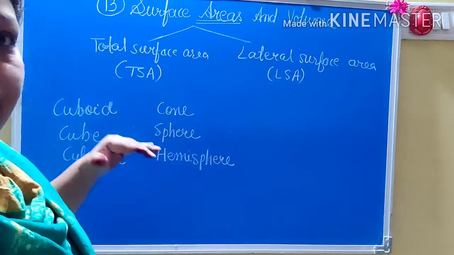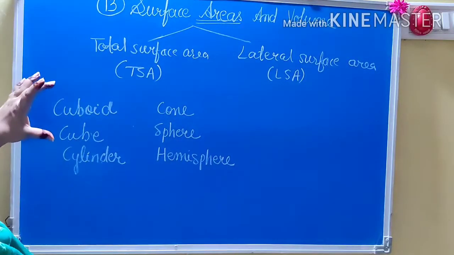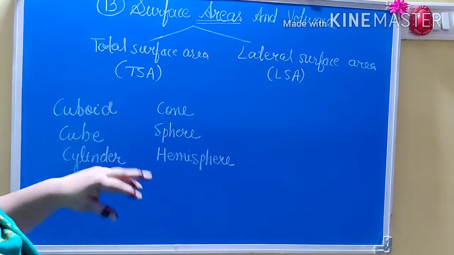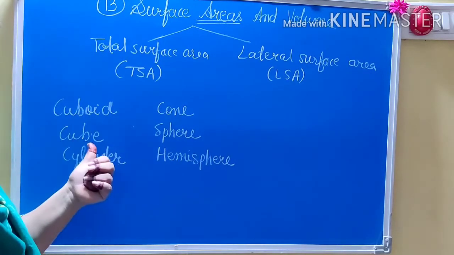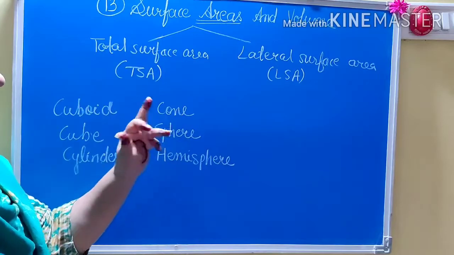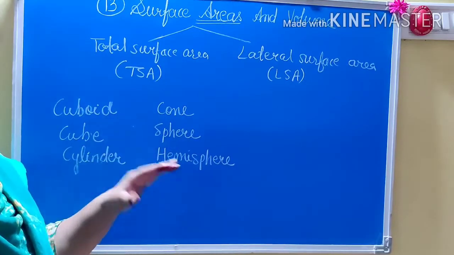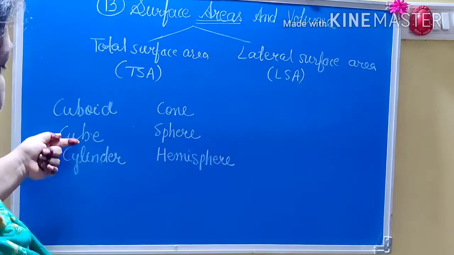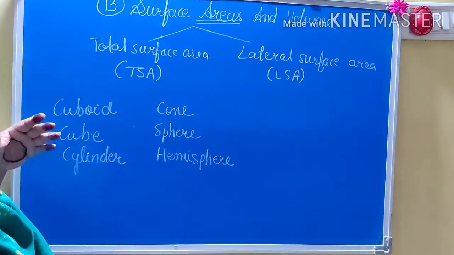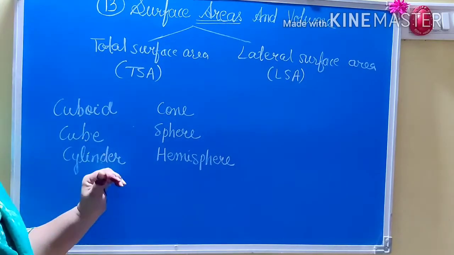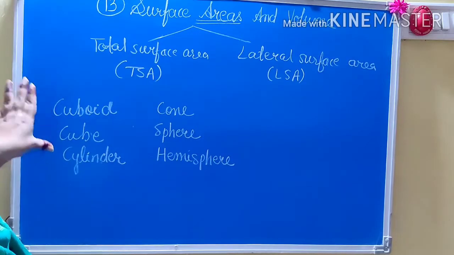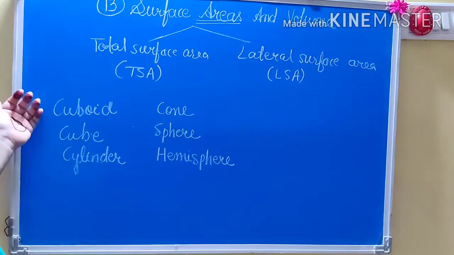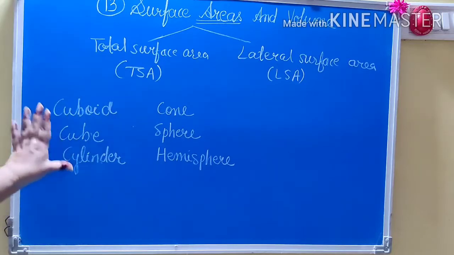In this chapter we are studying the surface areas of cuboid, cube, cylinder, cone, sphere and hemisphere. Last year we dealt with cuboid, cube and cylinder, and we even derived the formulas to find the TSA and LSA of these shapes.